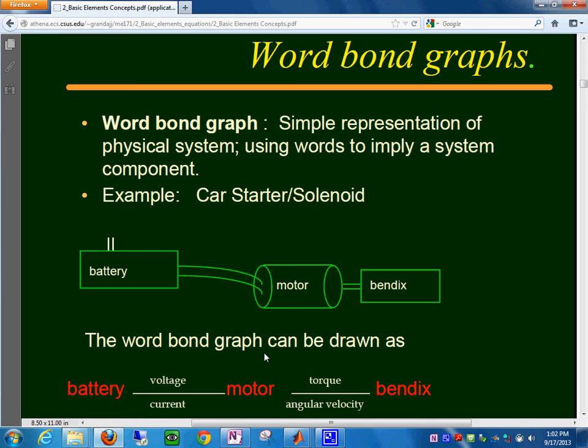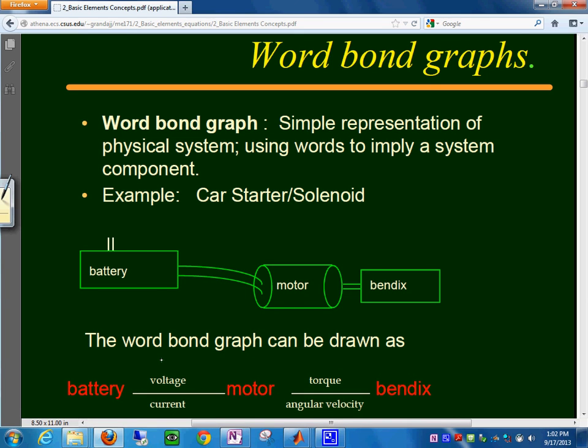You have the battery on one side, and then you have the motor on this one over here. And then you have the Bendix, the little gear that cranks the engine.